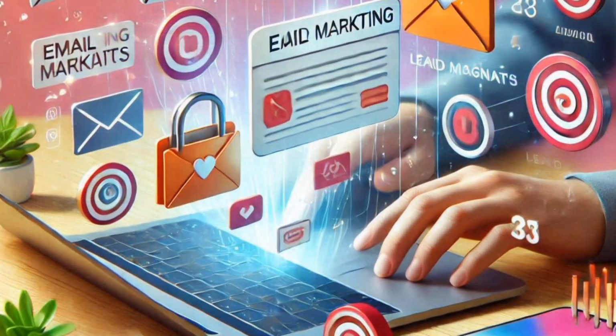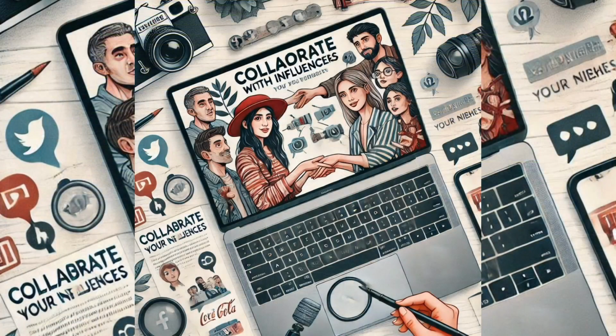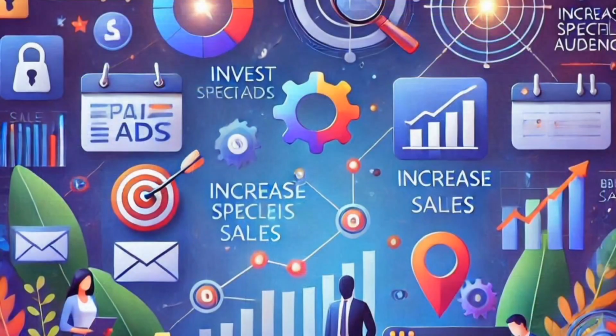Email marketing is one of the most effective tools for selling digital products. Offer a free lead magnet, like a mini ebook or checklist, to collect email addresses. Step 3. Collaborate with influencers. Partner with creators in your niche to expand your reach. Step 4. Invest in paid ads. Platforms like Facebook ads or Google ads allow you to target specific audiences, increasing your chances of making sales.